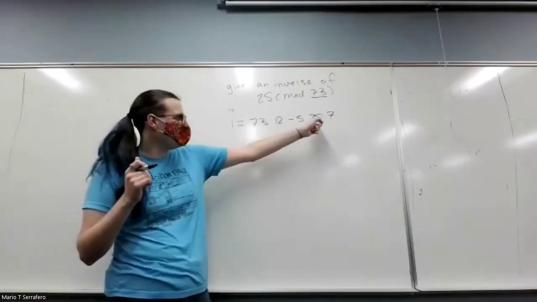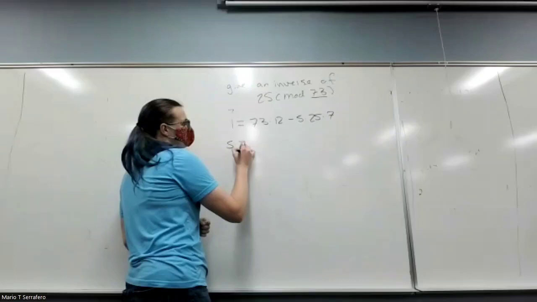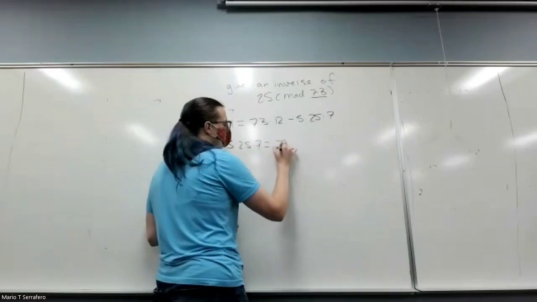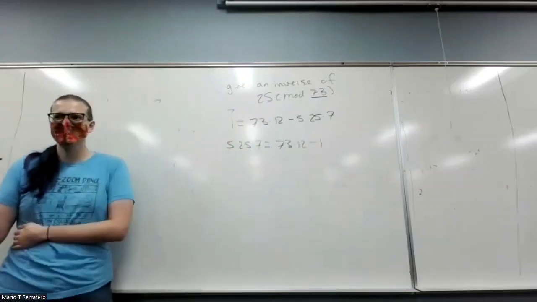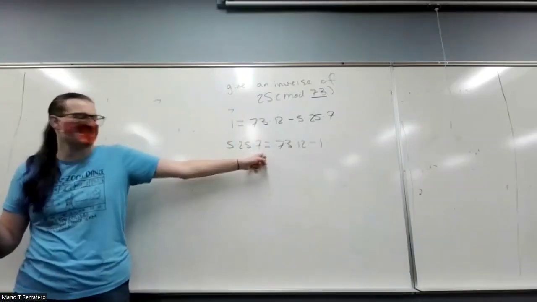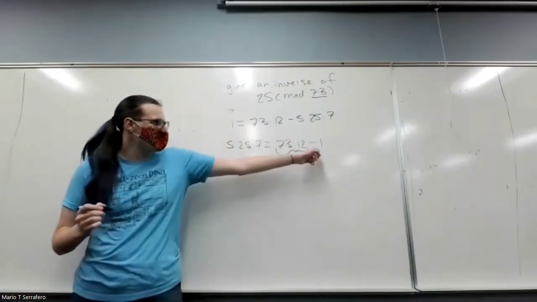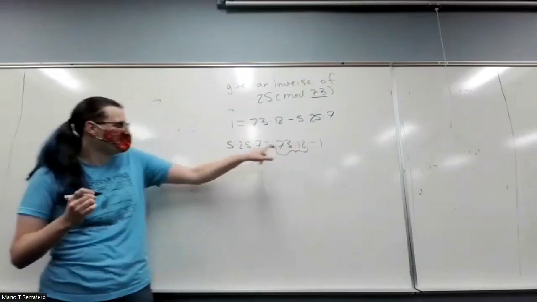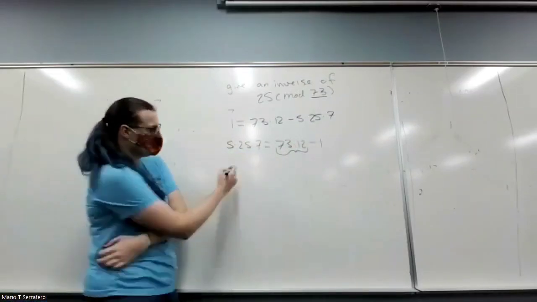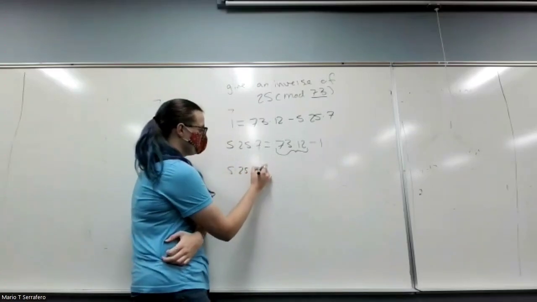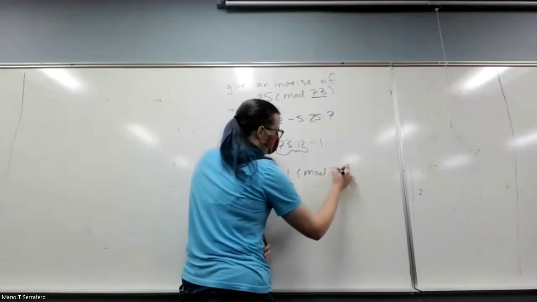So I'm going to bring the 25 over and move the 1 around. We'll end up with 5 times 25 times 7 is equal to 73 times 12 minus 1. In terms of moduli, this tells us that I can find a multiple of 73 that's going to be 1 off from a multiple of 25 here. So 5 times 25 times 7 is equivalent to -1 mod 73.